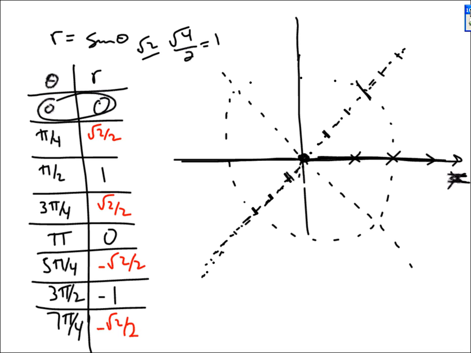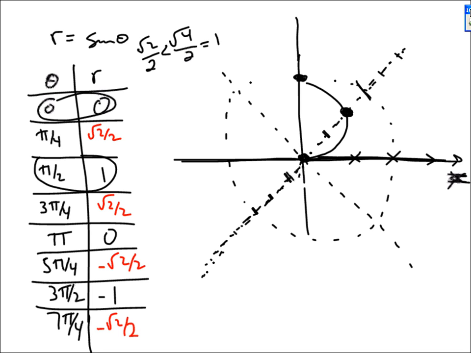Since the bottoms are the same and the square root of 2 is smaller than the square root of 4, square root of 2 over 2 is less than 1. So at pi over 4, I go out square root of 2 over 2. At pi over 2, I go out to 1.